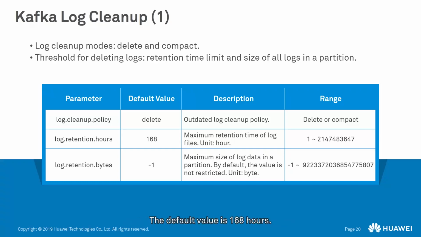The default value is 168 hours. Logs will be cleaned beyond this time. And this parameter indicates the maximum size of the log for each partition before deleting it. Delete is easy to understand, so I don't explain anymore. As for compact, let's take a look.